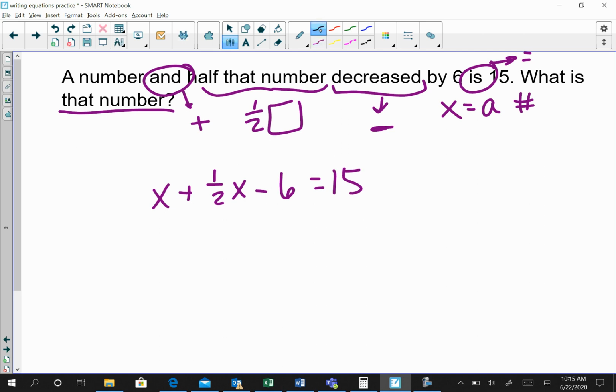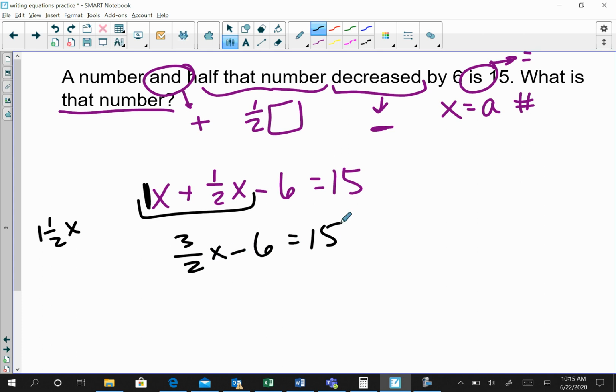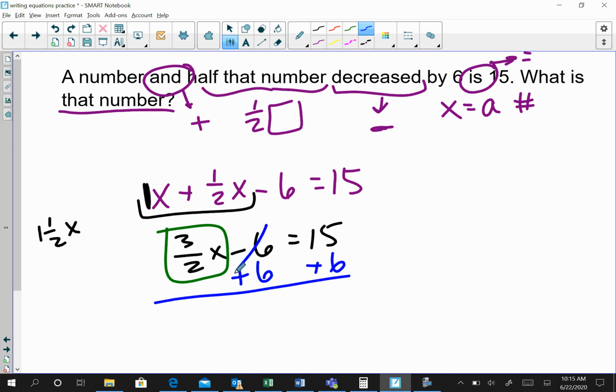What is that number? So combine your like terms. This is 1x plus 1/2 x. That's 1 and 1/2 x, which is 3/2 x minus 6 equals 15. Trying to get this x term by itself, so add 6 to both sides. 3/2 x equals 21.